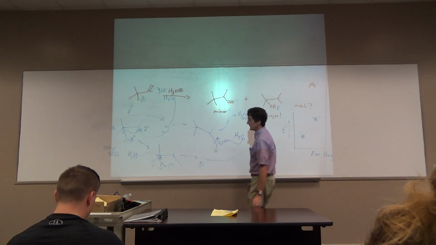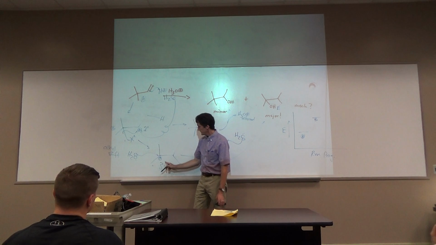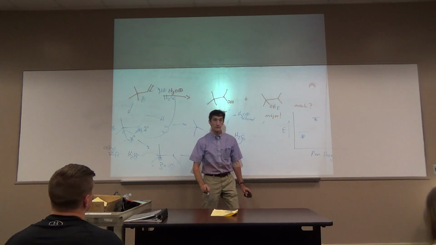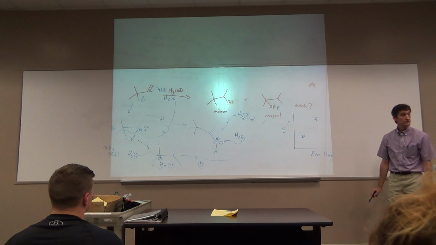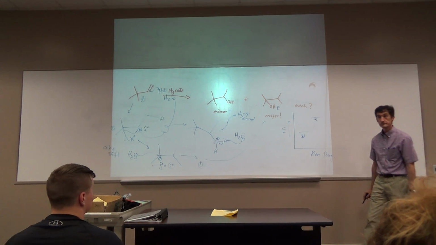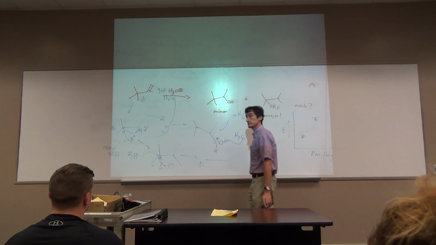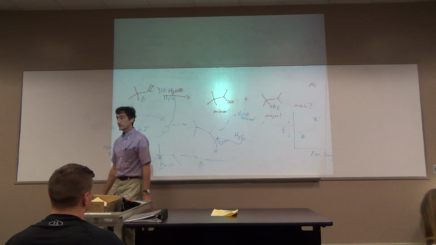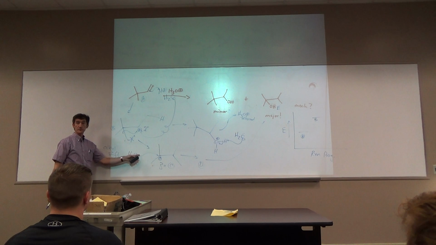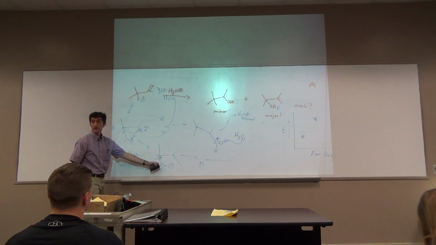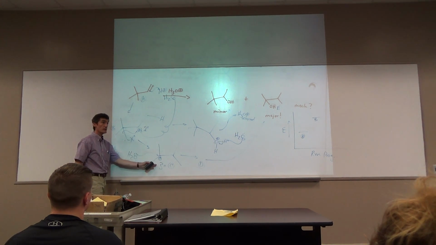We've already kind of answered that. That's a secondary cation. This is tertiary. Tertiary is what? Lower, right? More stable? I mean, that's why we did the rearrangement. We don't rearrange to a higher energy thing. We rearrange to a lower energy.